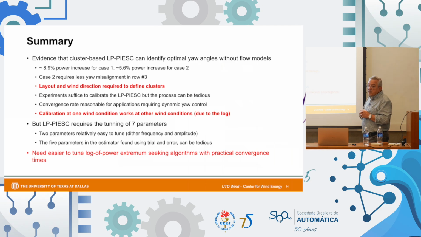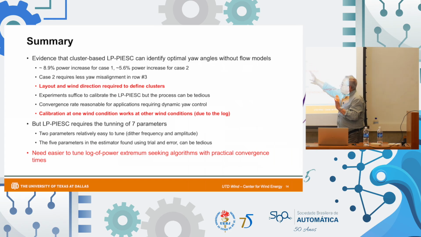In the field, we will see much less. And case 2 requires less yaw misalignment than case 1. So spreading, alternating rows may be more beneficial than trying to control consecutive rows, because you have some power gains without yawing the machines too much.